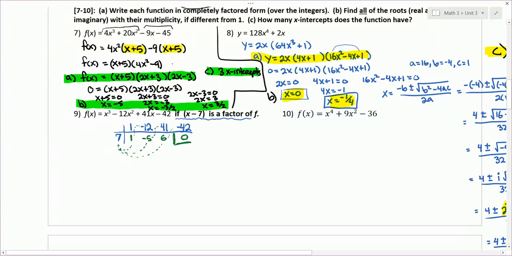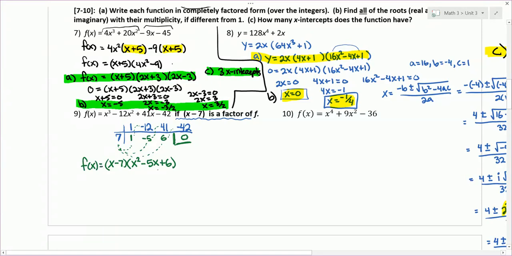This process gives us our factorization. That 7 is representing our binomial factor, which is x minus 7. And then the 1, negative 5, 6 represents our trinomial factor, which is 1x squared minus 5x plus 6.